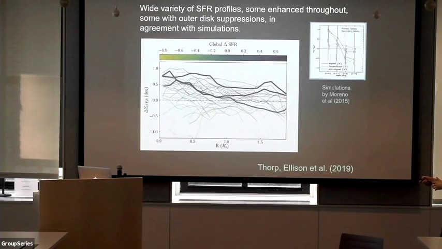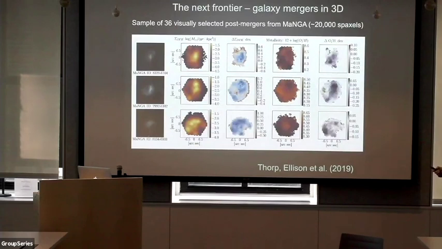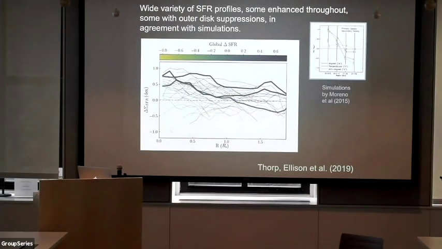So we have cases where there's an enhancement in the center and a suppression in the outskirts. We have ones that are more flat. We have ones that sort of seem to change direction, partly because of this very clumpy offset nature that we see in the maps.